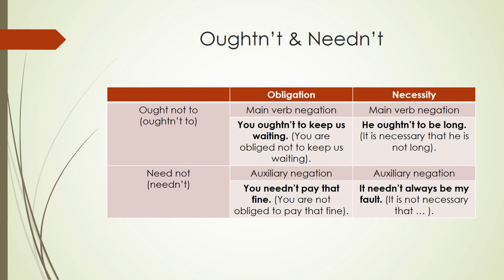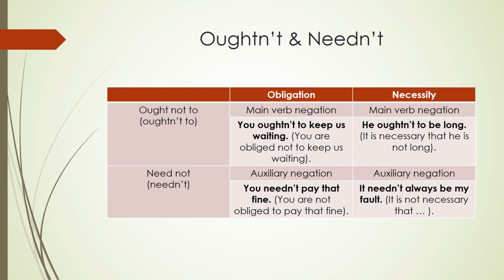So the meaning of need as necessary is going to be not necessary. So we have auxiliary negation. For example, it needn't always be my fault. So it means it is not necessary that it is my fault. You see, not necessary. So the meaning of need is negative.